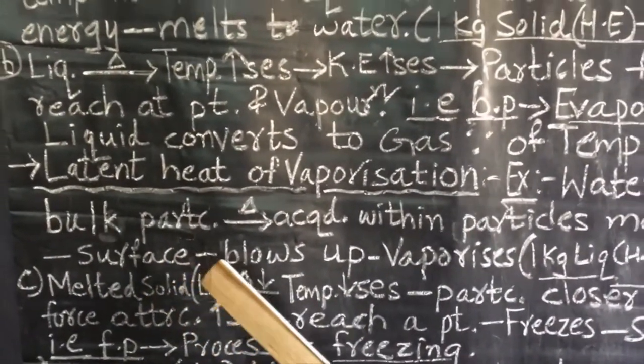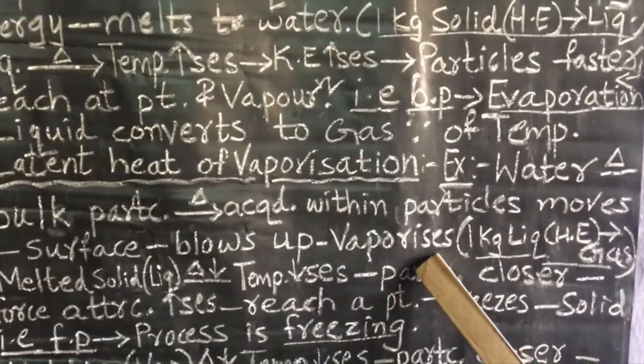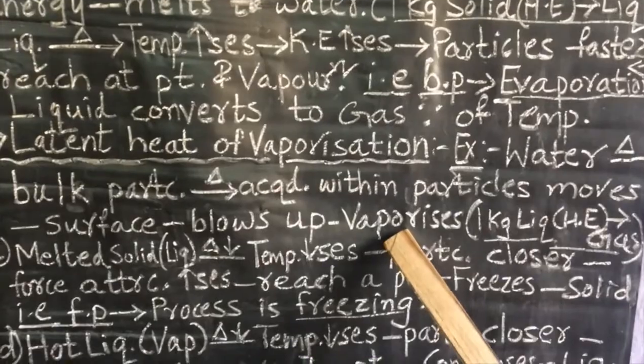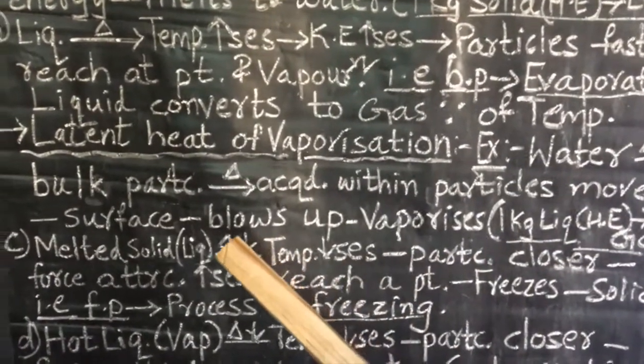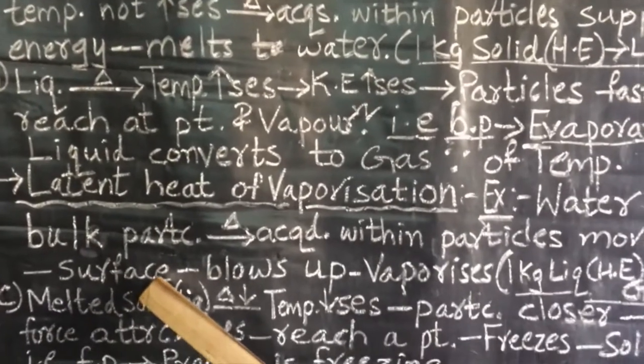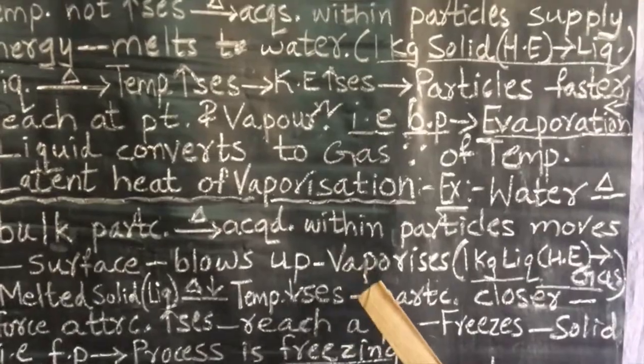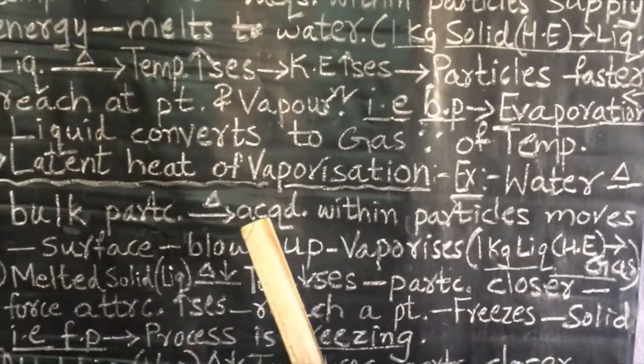That means they blow up and start vaporizing. This vaporizing starts as soon as the particles start coming to the surface, and then the boiling takes place, which is termed as boiling point.